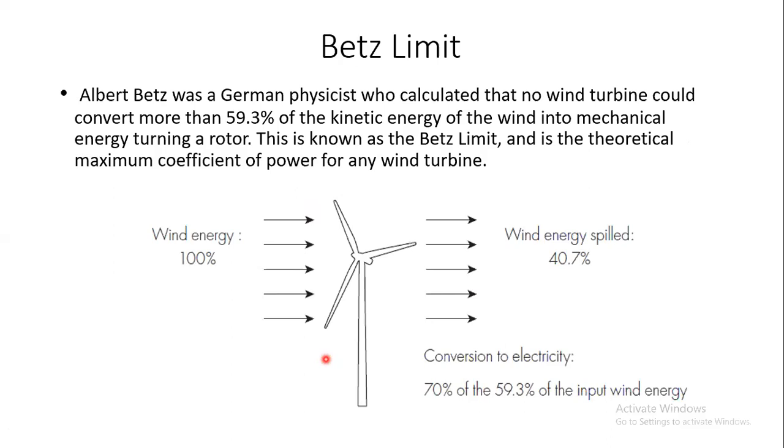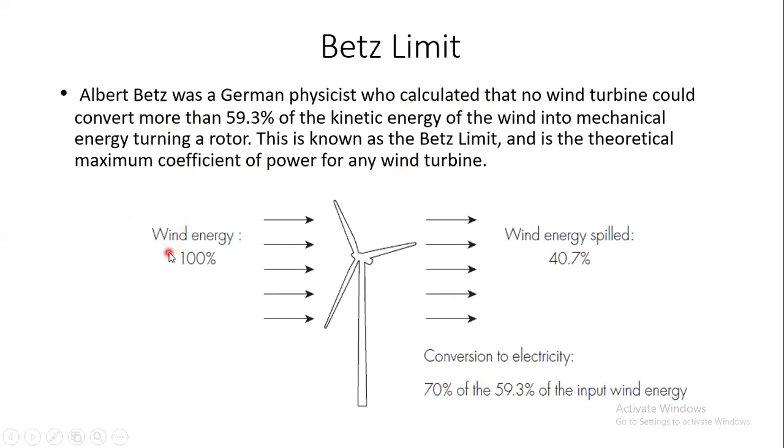Now we come to Betz's limit. Albert Betz was a German physicist who calculated that no wind turbine could convert more than 59.3% of the kinetic energy of the wind into mechanical energy turning a rotor. This is known as Betz's limit and is the theoretical maximum coefficient of power for any wind turbine.